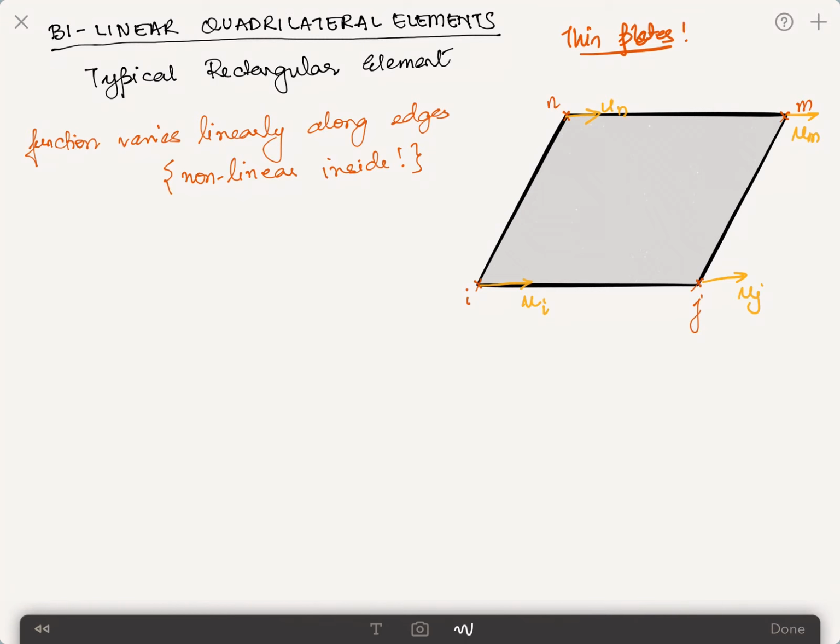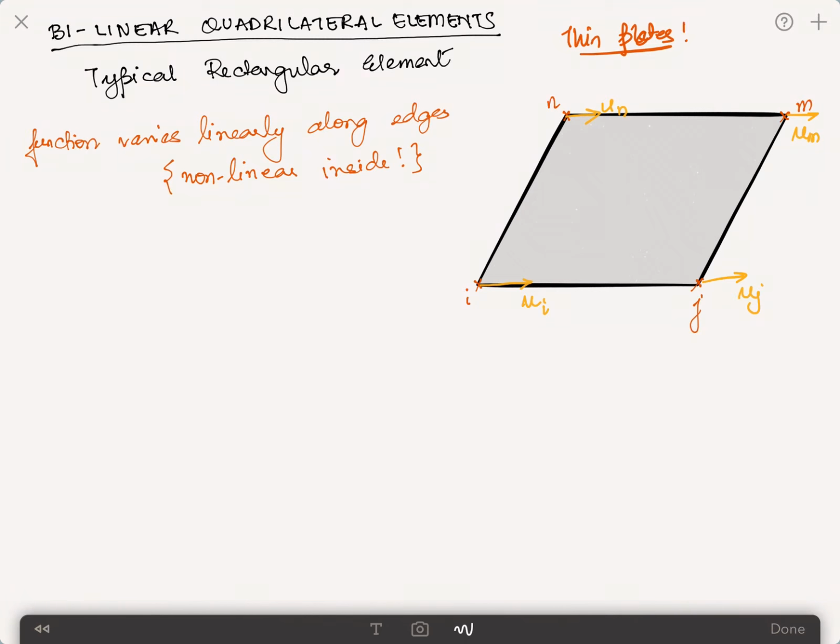For simplicity, I'm only going to consider a certain unknown, u, which is going to be at all the different nodes of this element. As you can see in the figure, a typical rectangular element consists of 4 nodes. Therefore, I will have a minimum of 4 unknowns in this problem. I can also enforce a certain condition because it's a bilinear quadrilateral element that the unknown function varies linearly along the edges.